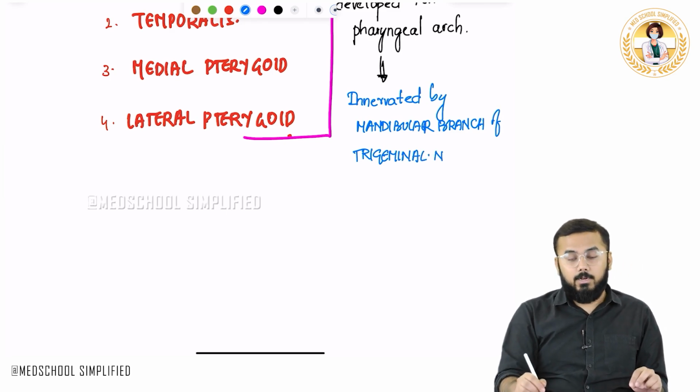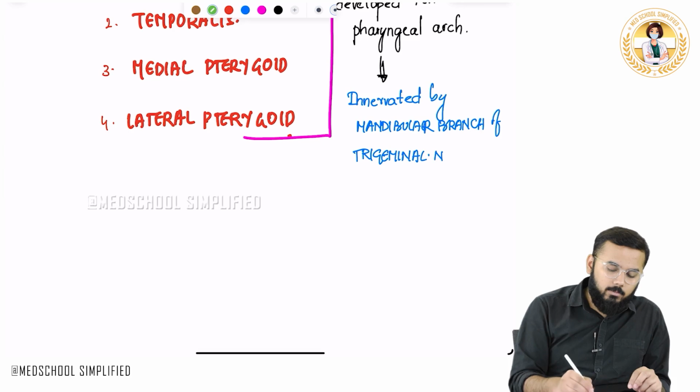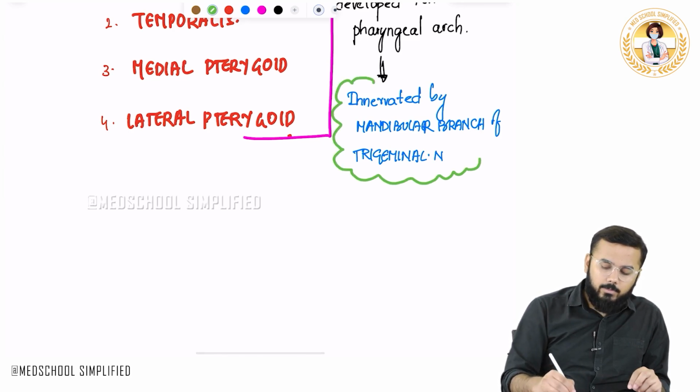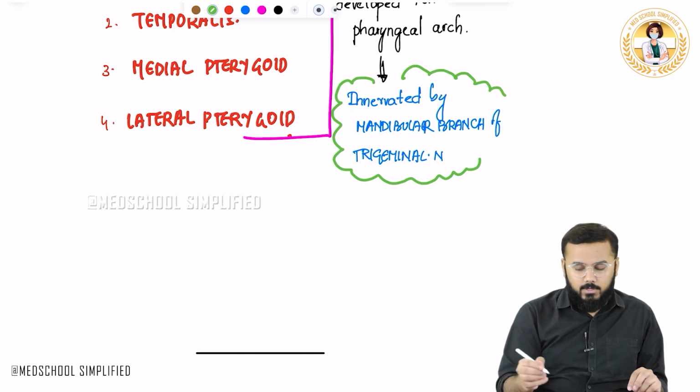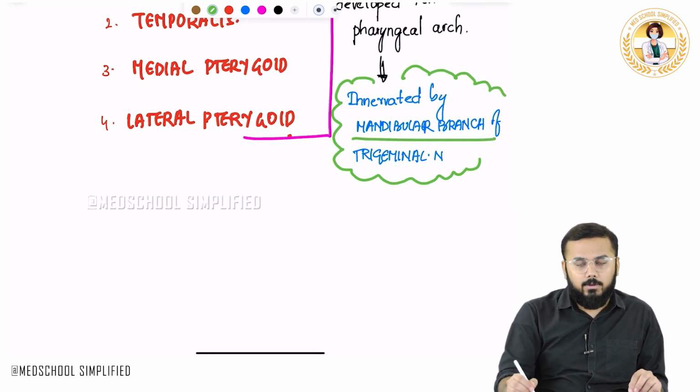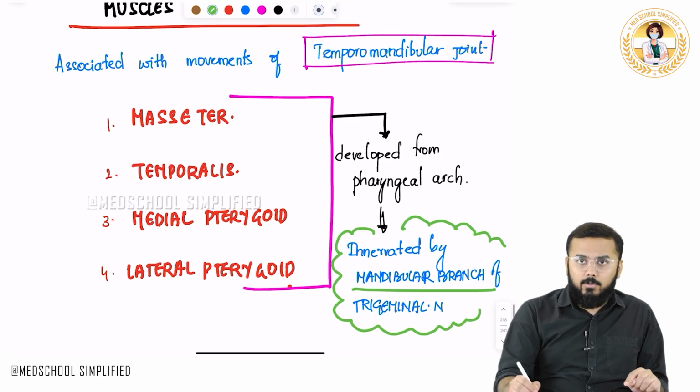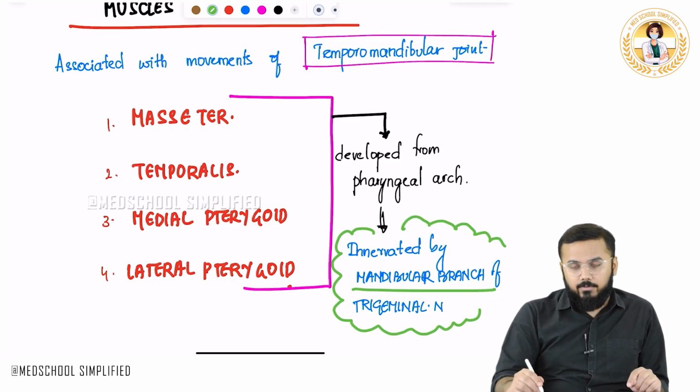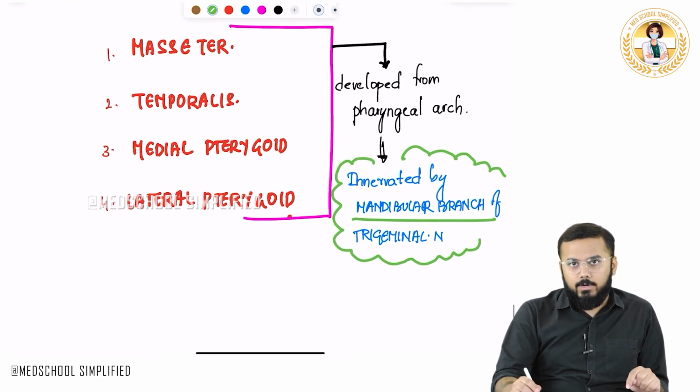This is the important thing you need to know. So they are all developed from the pharyngeal arch and they are innervated by the mandibular branch of your trigeminal nerve.